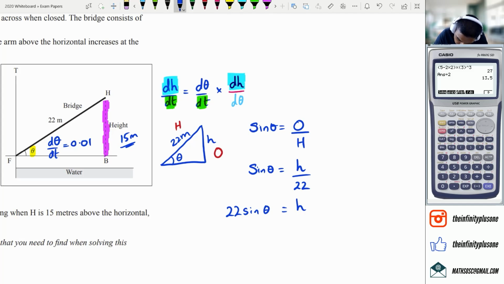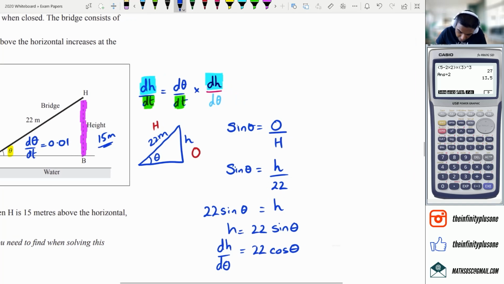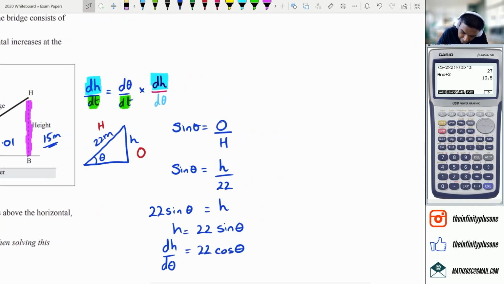And because h equals 22 sine theta, we can now differentiate this to get dH d theta, which is 22 cos theta, because when you differentiate sine, you end up with cos. And I believe we've got everything we need, because now we can figure out what dH dt is. d theta dt is 0.01 multiplied by dH d theta, which is 22 cos theta.